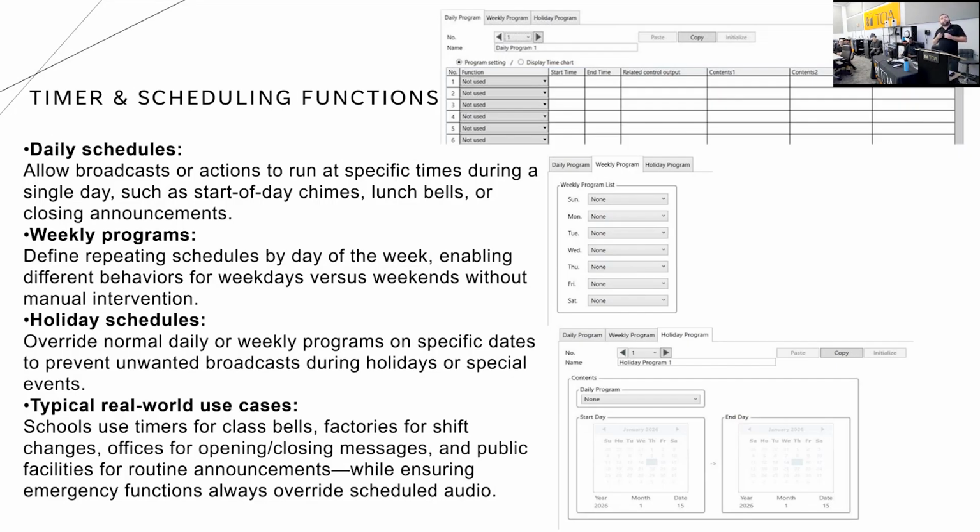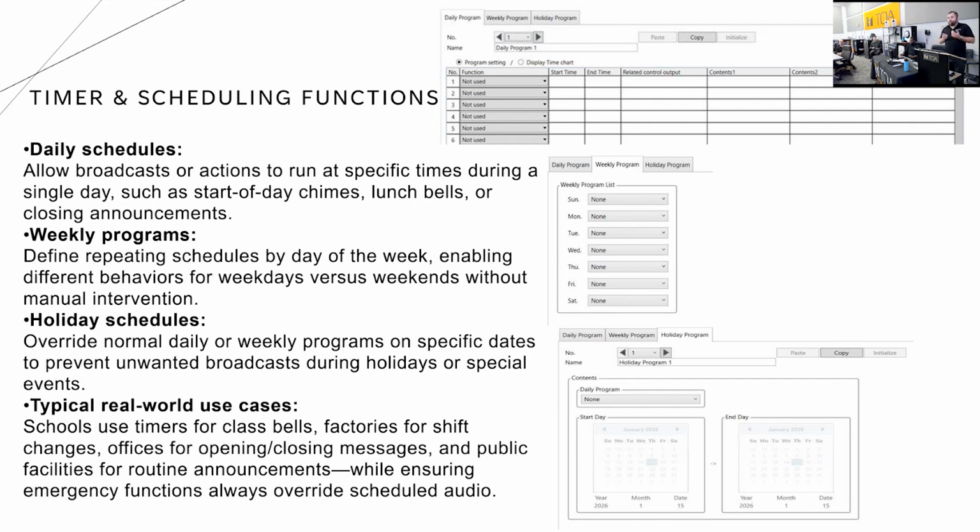Once you create your daily program, you can go to the weekly program, and per day you can select which program to run on that day. Holiday schedules override normal day-to-day programs on specific dates.